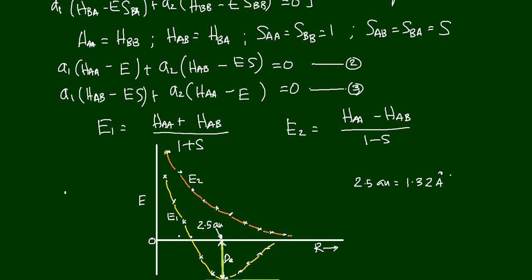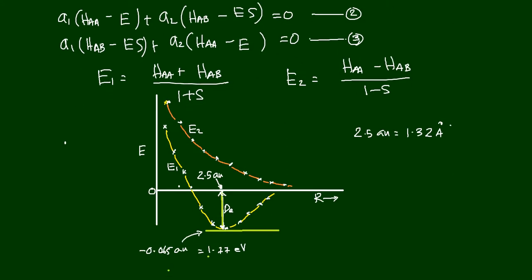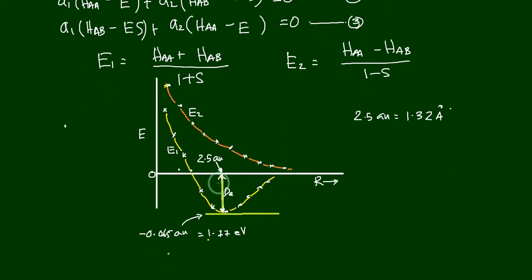Then we calculated the values of E1 and E2 for different values of internuclear distance R, and we got two plots. This corresponds to the plot of E1, and this corresponds to that of E2.